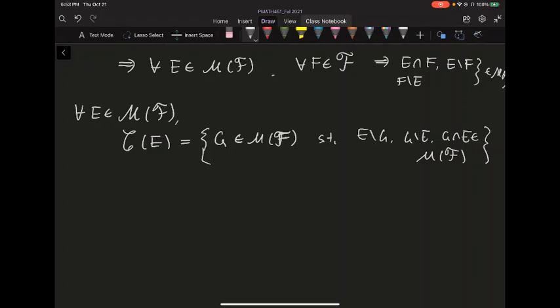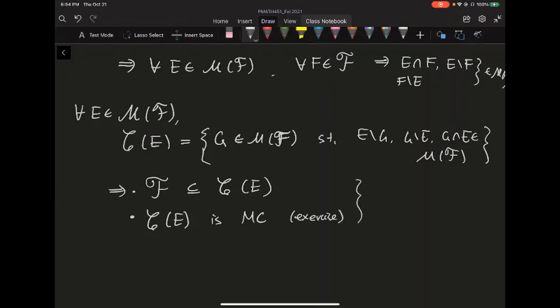Because you just showed that for every E and every F inside curly F you have this property, clearly curly F is contained in C of E. Again, I'm not going to prove this one, but you can show that C of E is also a monotone class. This is the exercise. The point is, based on these two, we again have C of E, a monotone class containing F, so it equals the smallest monotone class. So they are the same.